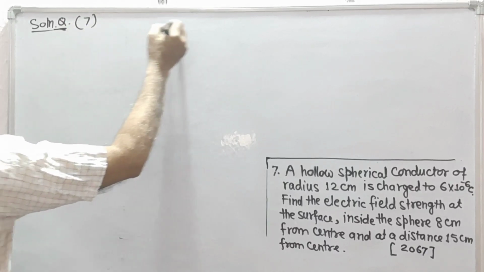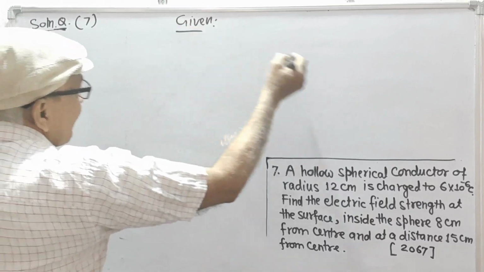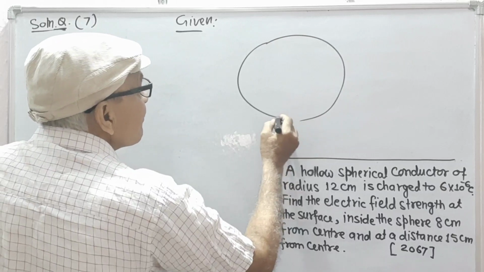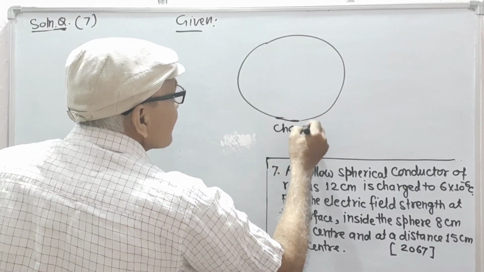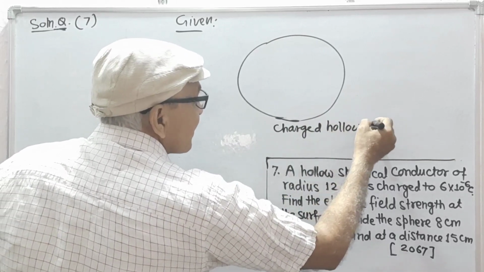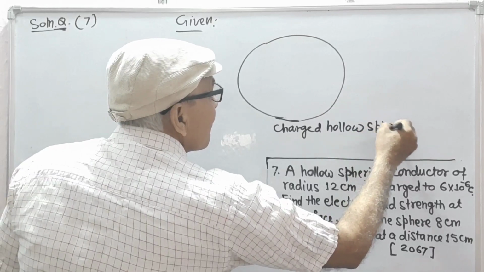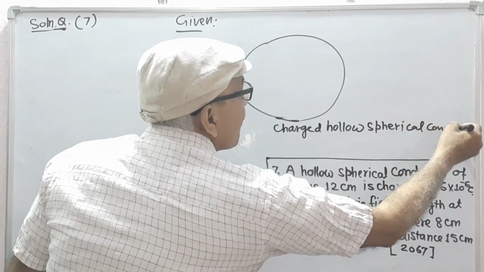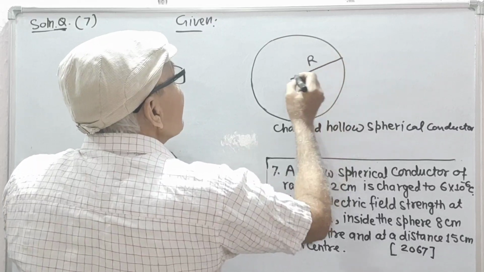Here given, suppose this is a charged hollow conductor, its radius R is given.